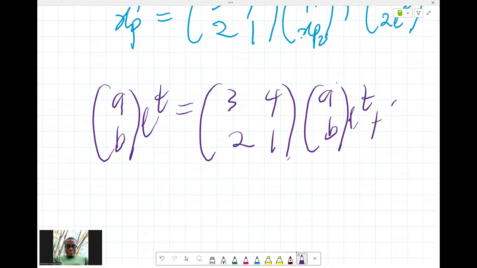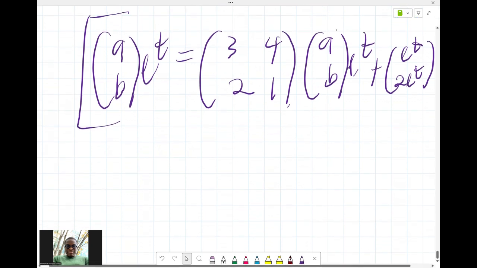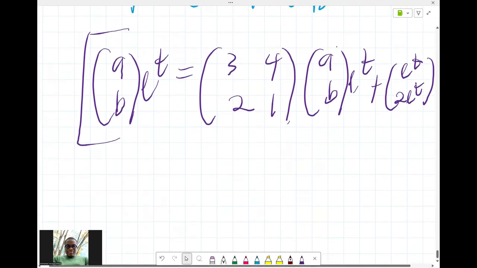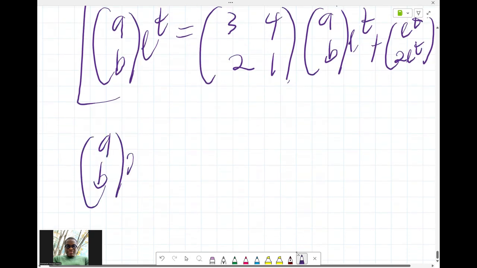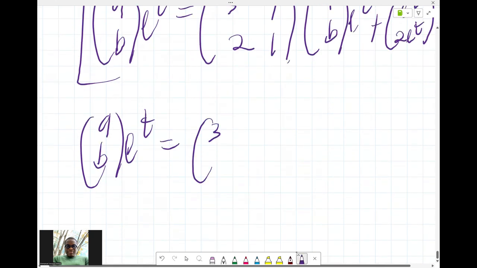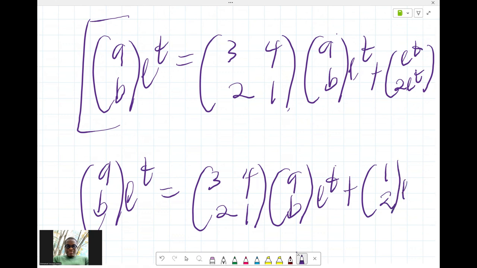Plus the 2e raised power t that was there originally. So we have substituted like this now, and from here we can begin to tidy things up. It's glaring that e raised power t is common everywhere. We can rewrite it as ab e raised power t equals 3, 4, 2, 1 into ab e raised power t plus 1, 2 e raised power t.